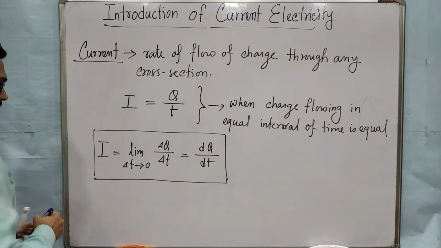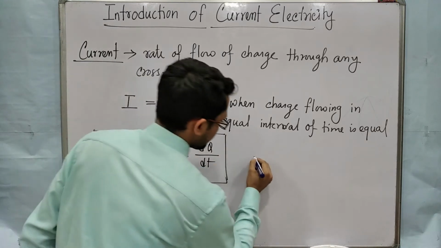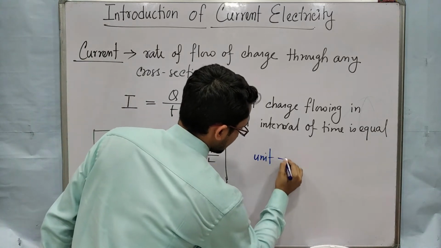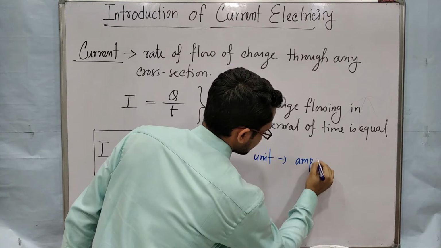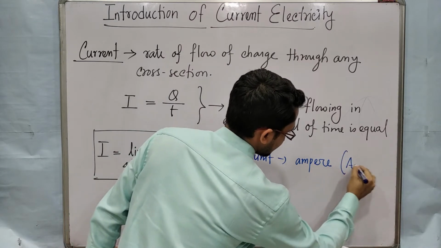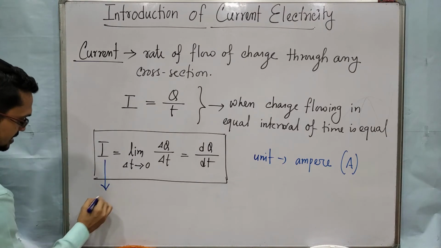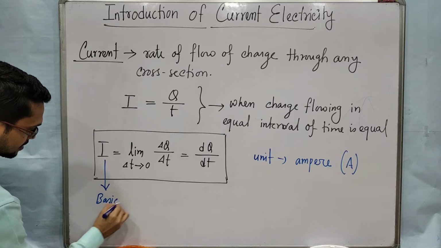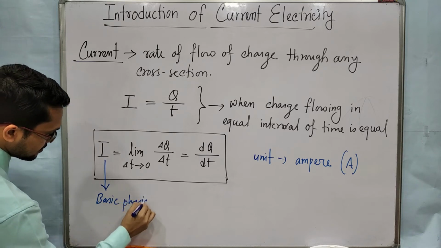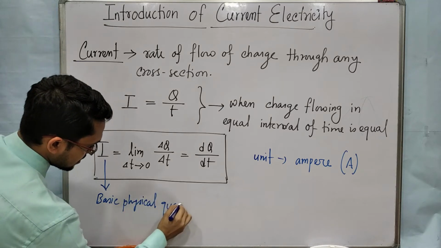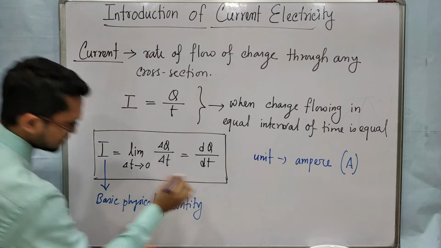Now come to its unit. You all know the unit will be ampere. It is denoted by capital A. And we all know that current is a basic physical quantity in the SI system.